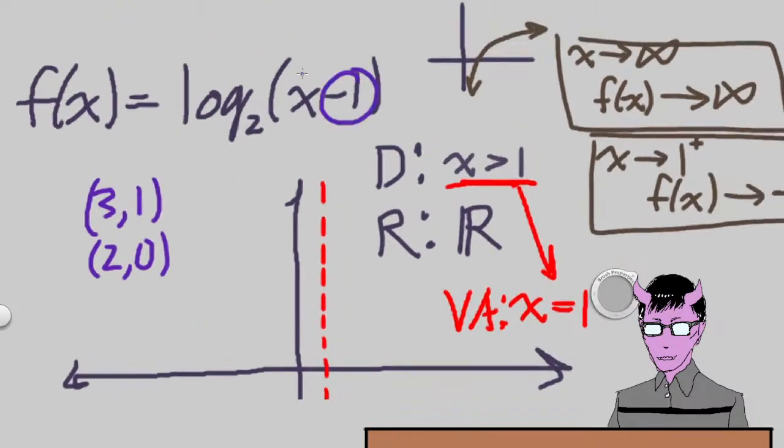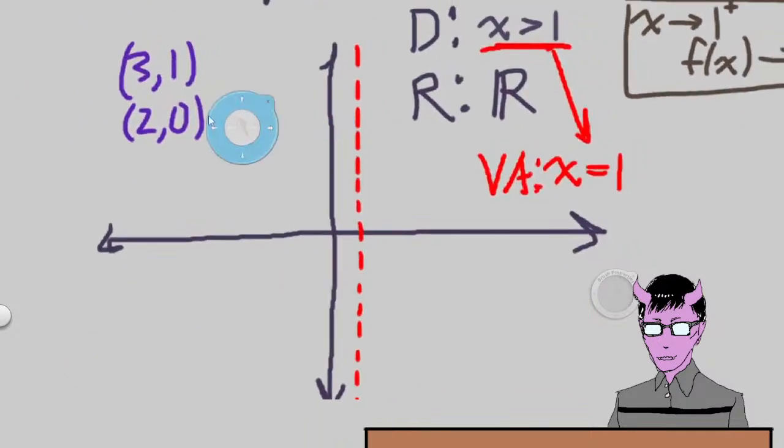Technically, the shifts have already been taken into account because of our setup. We already took into account this -1. So, plot it as is. So x value is 2, we get y value 0. X value is 3, then the y value is 1.